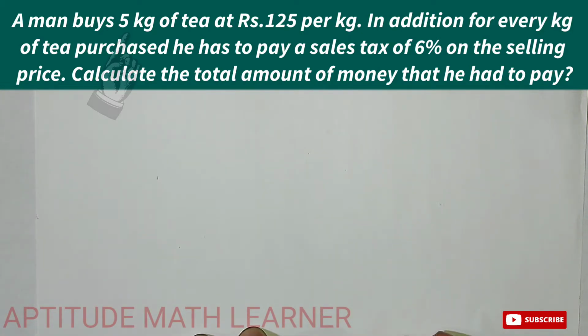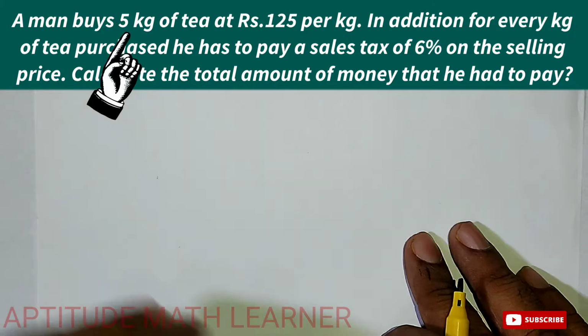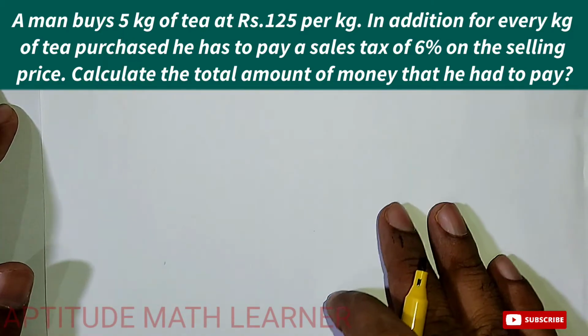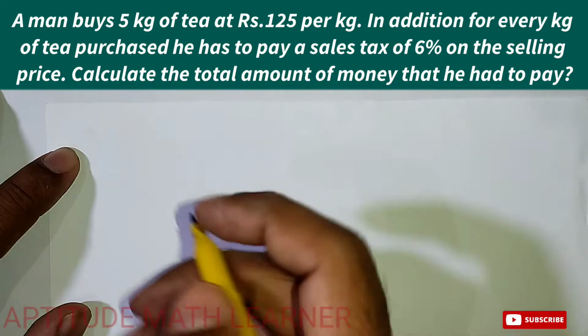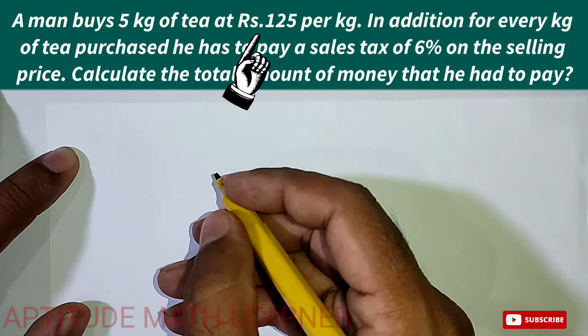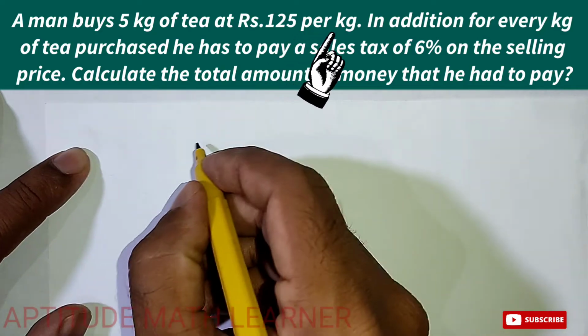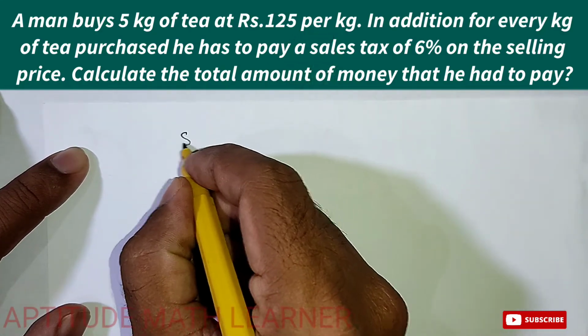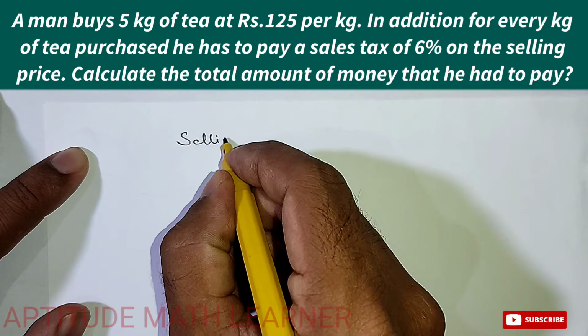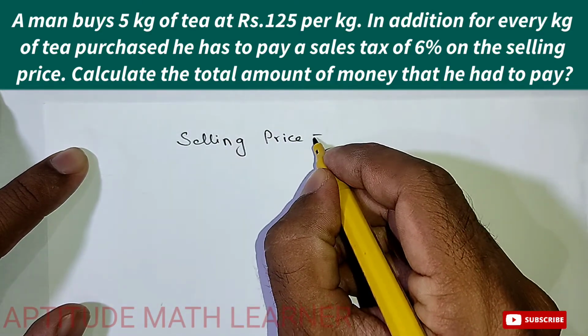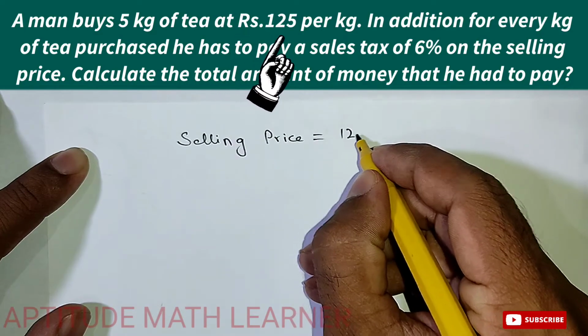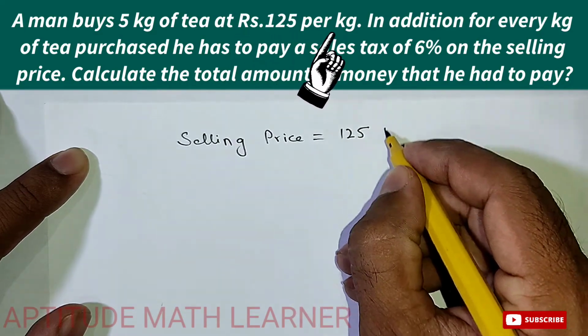He bought 5 kg. So here in this question we are having the selling price. How much is the selling price? That is 125 per kg. So therefore, this is the selling price, and how much is that? 125 per kg.